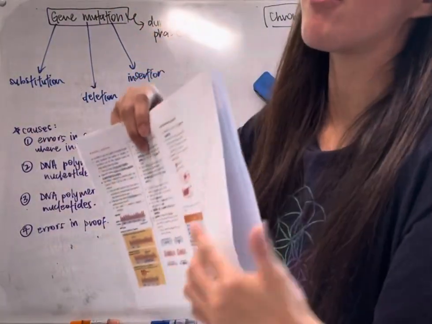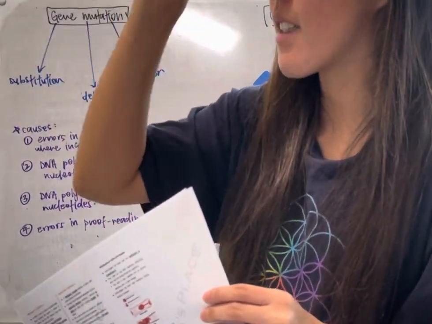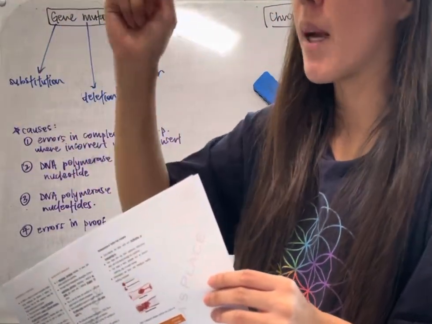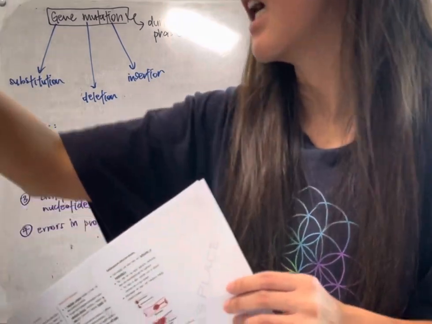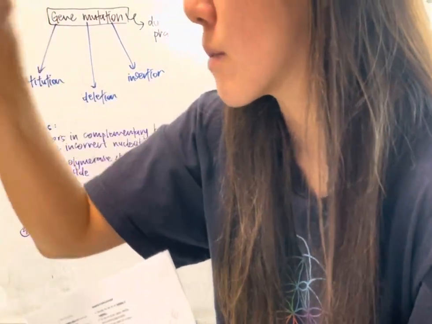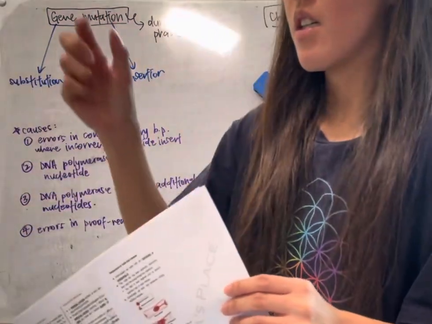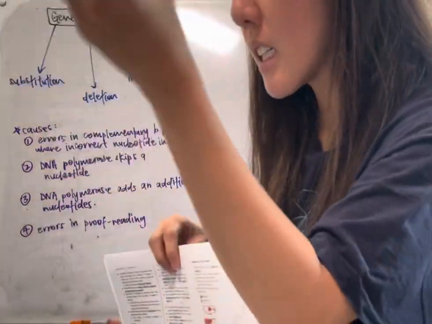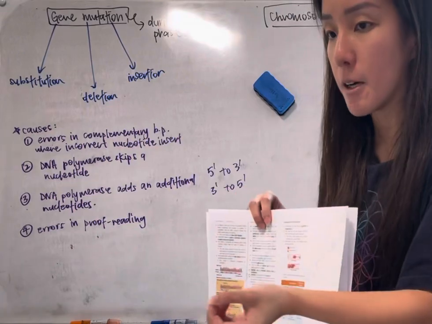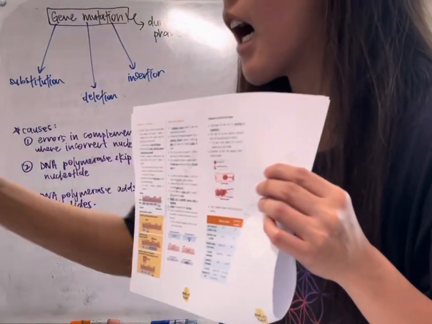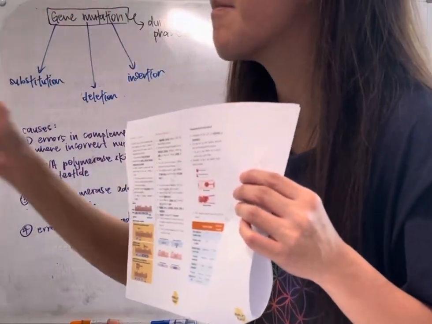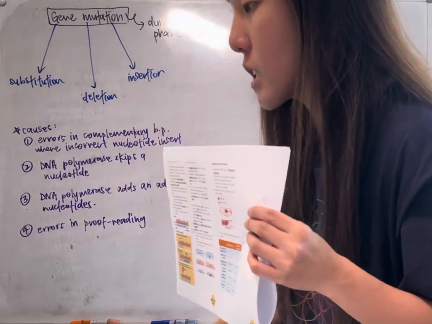The way you describe frameshift mutation, and why there's a higher chance of forming a non-functional protein or many missense mutations, number one: nucleotides downstream are improperly grouped into codons. I repeat, this is the first key phrase you tend to write for the exam: nucleotides downstream will be improperly grouped into codons.